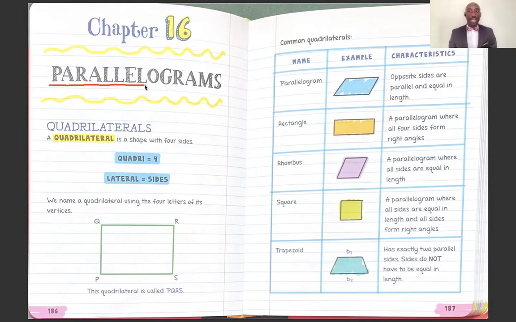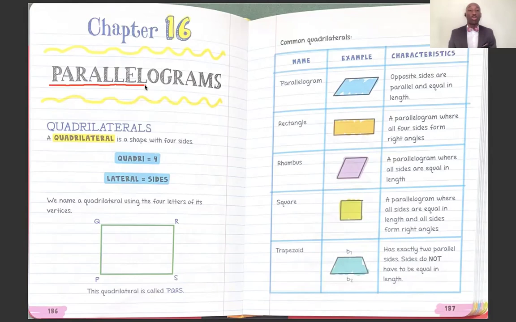For lines, rays, or line segments to be parallel, this means that they are aligned in the same direction and they never touch. They go infinitely in the same two directions and never touch. So a parallelogram is some type of shape that involves parallel lines.